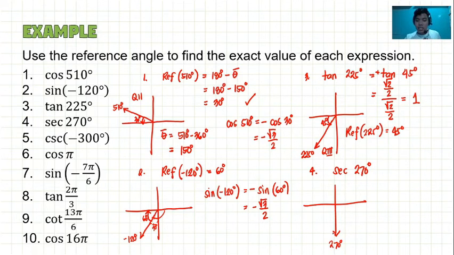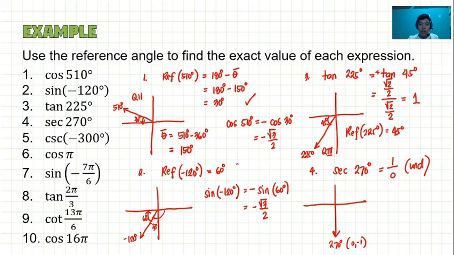So since this is located on the negative y-axis, the coordinates are 0, -1. And secant is 1 over x, right? So we now have 1 over 0, and which is undefined. Okay, so for number 4, secant 270 degrees is 1 over 0 or undefined. Okay, so that is for number 4.